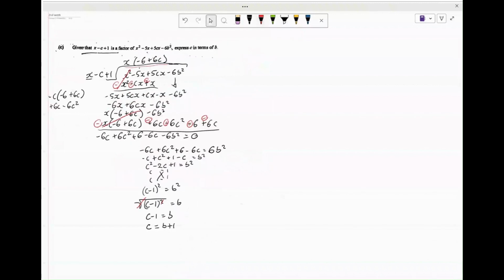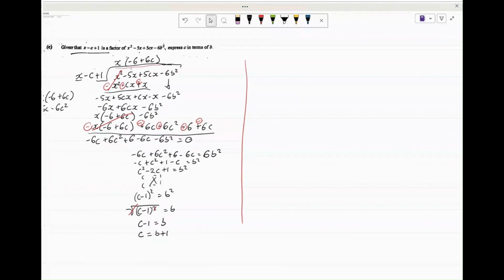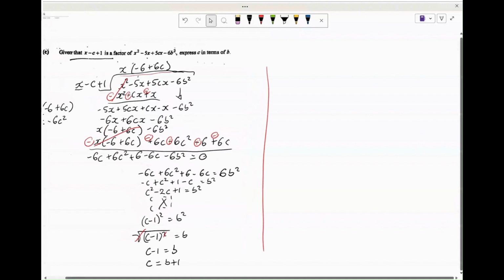So yeah, factors divided into expressions give a remainder of 0, and factors multiplied by another factor give an expression. But what I also showed you was another way of doing this, which involved using the definition of the word factor, and that was changing a factor into a root.